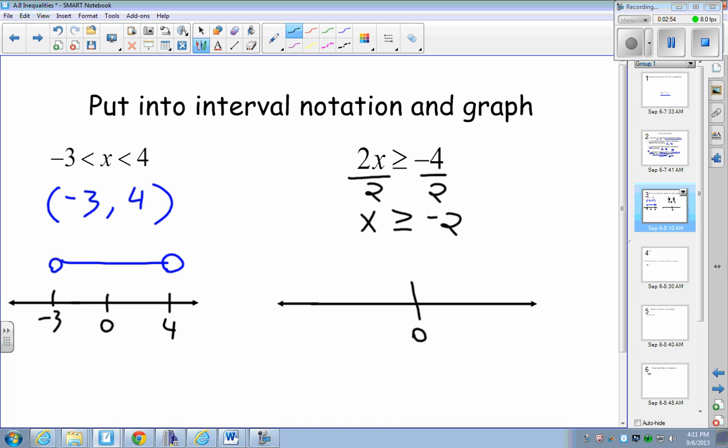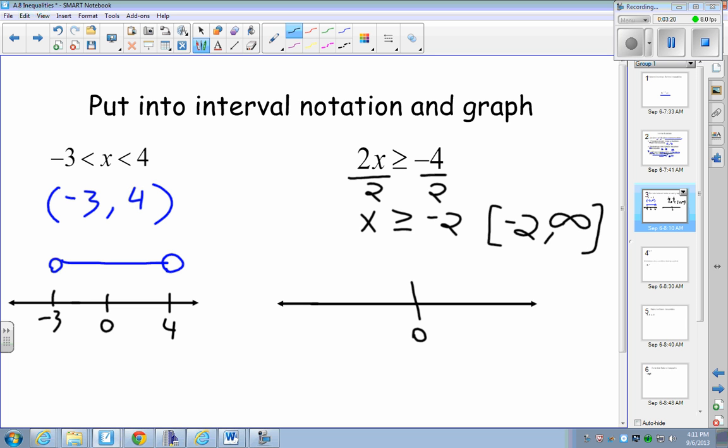This one's a little different because we don't have two sides to it, we just have one. But since it's greater than or equal to, we'll have -2 right here, comma, but x can be anything greater than -2. It can go off to 100, to 1,000,000, to a quadrillion, just really big numbers, and so we're going to say infinity. I'll have the close bracket right there.